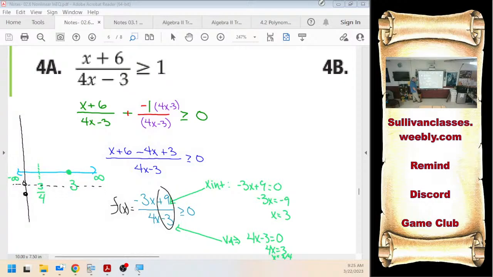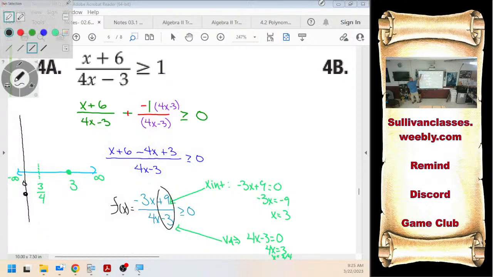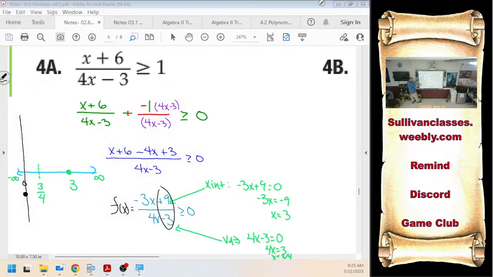I mean, it might change how I make my graph, but if I know that these things love to alternate, then it's down here at -3 with a y-intercept. I know it's negative in this area. I hit an asymptote, it's going to go positive. I hit an x-intercept, it's going to go negative.